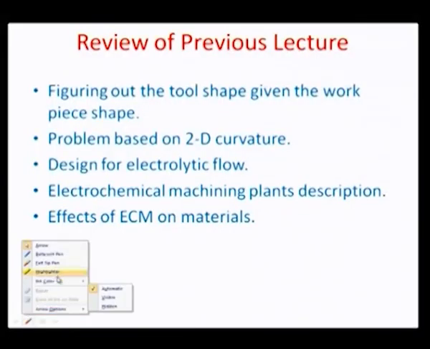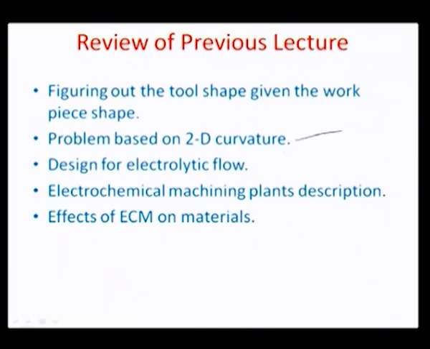This is illustrated here, and then we also learned that the other important issue in ECM is the electrolyte flow and the way it is designed. We saw before, when designing the electrolyte velocity between the tool and the workpiece, that this velocity is a key component, because the heat injected into the moving electrolyte by the electrical power transferred from the electrodes has to be equal to the heat dissipated.